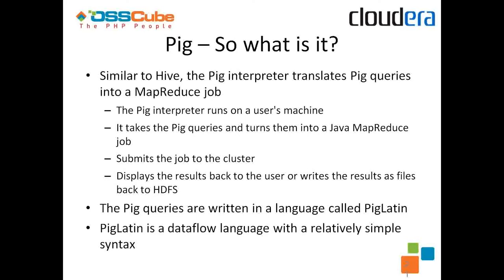Pig queries are written in a different language from what Hive uses. Hive uses HiveQL, which is similar to SQL. However, our good friends at Yahoo came up with a different language called Pig Latin.